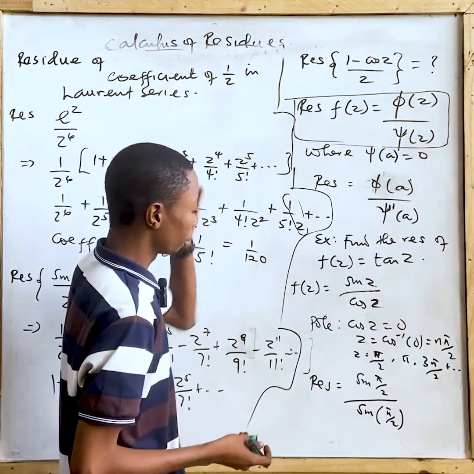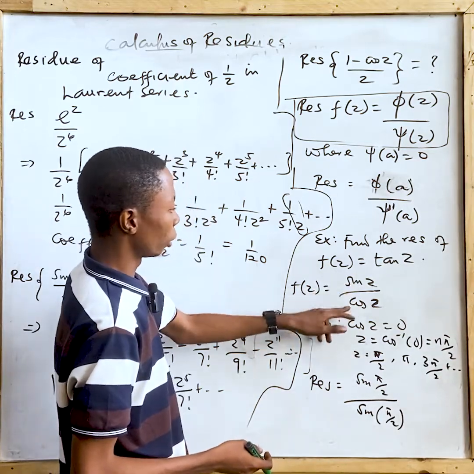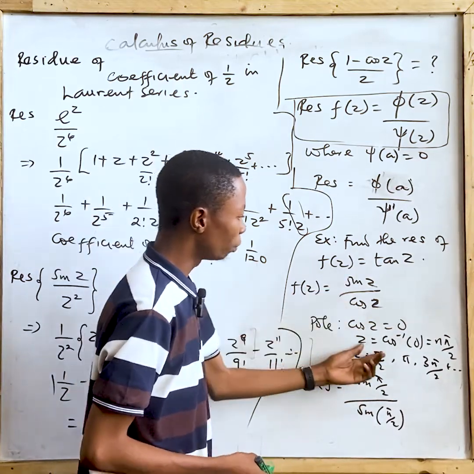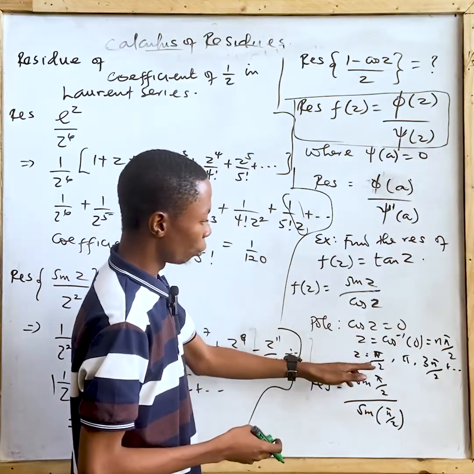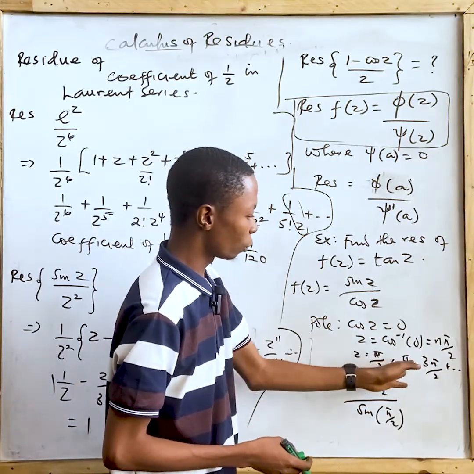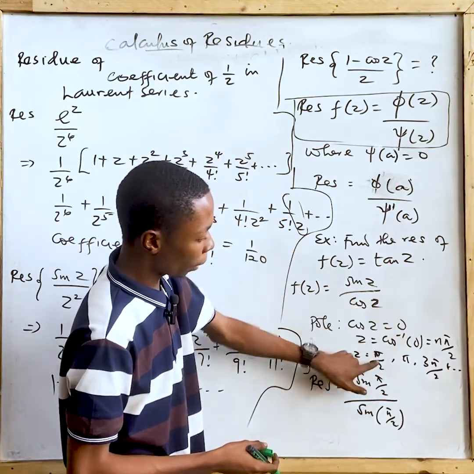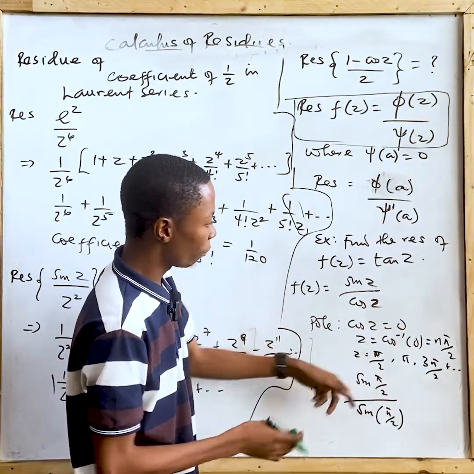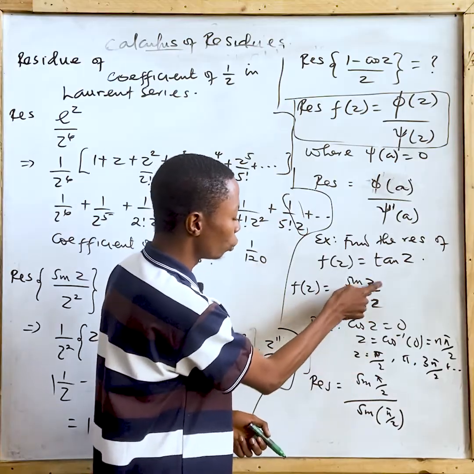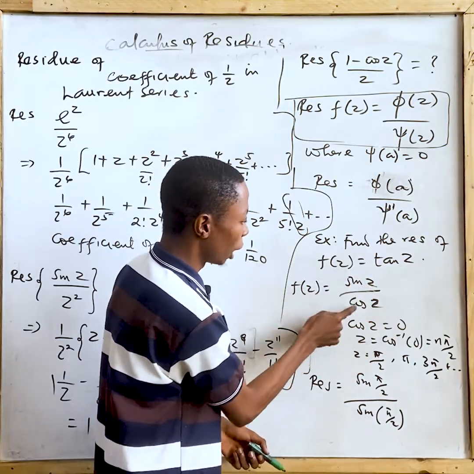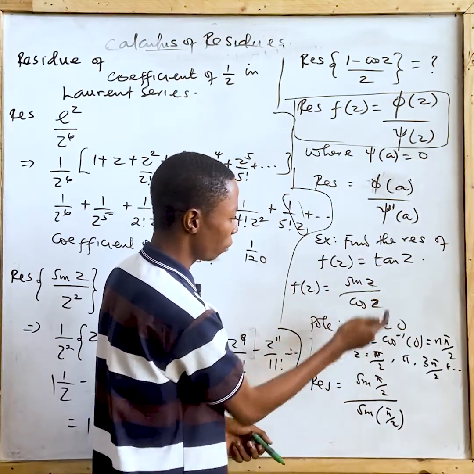What we are saying is that if you're having a function like this, take the poles. After finding the poles, here we have multiple poles, pi over 2, 3 pi over 2, and so on. So at this pole, pi over 2, put pi over 2 in the numerator, and then differentiate the denominator and put pi over 2 again.